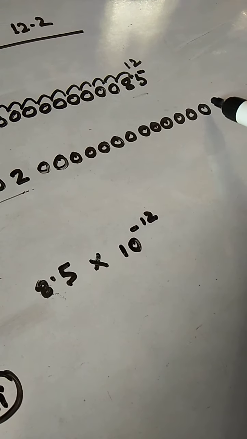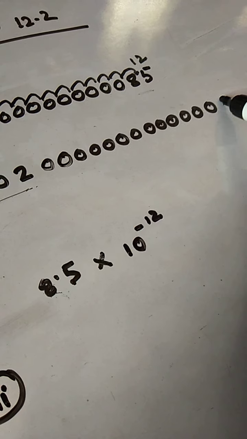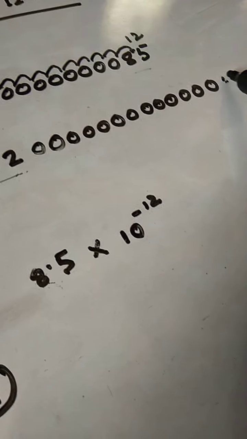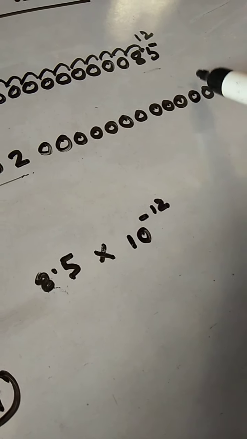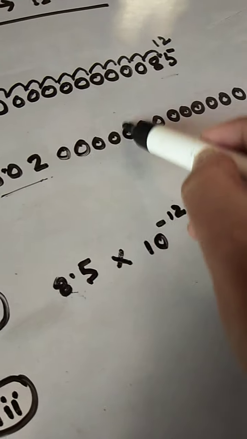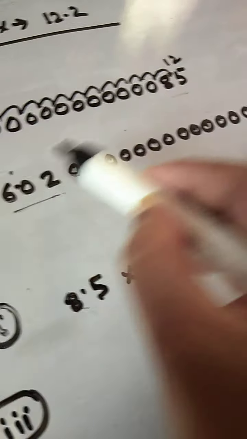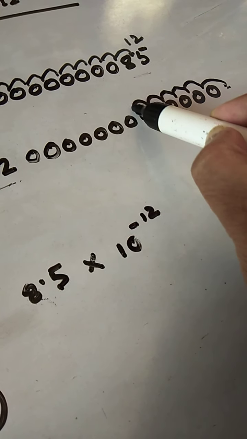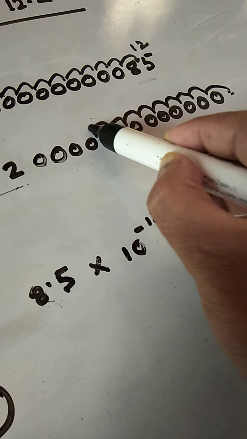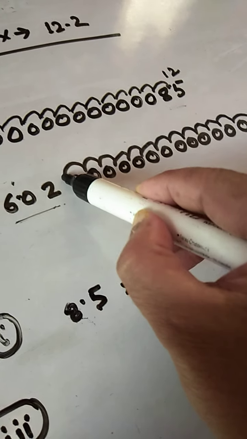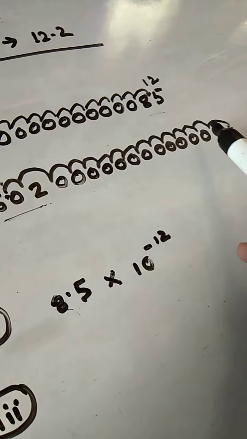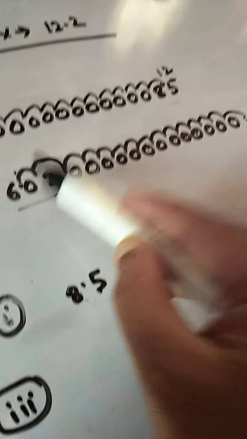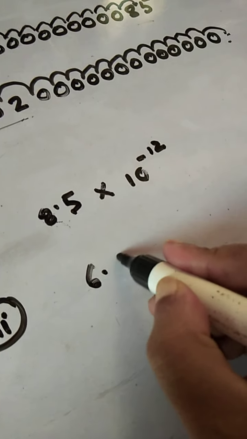Again we count how many digits or zeros you have to cross to come to this particular place: 1 2 3 4 5 6 7 8 9 10 11 12 13 14 15. So you have to come 15 positions.